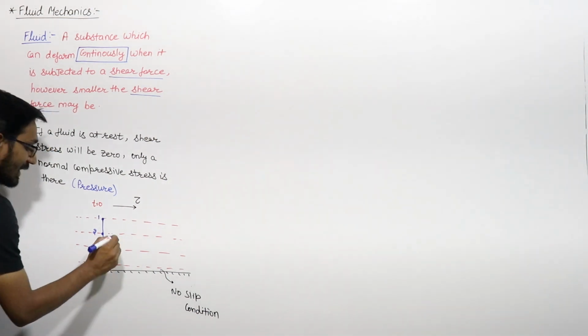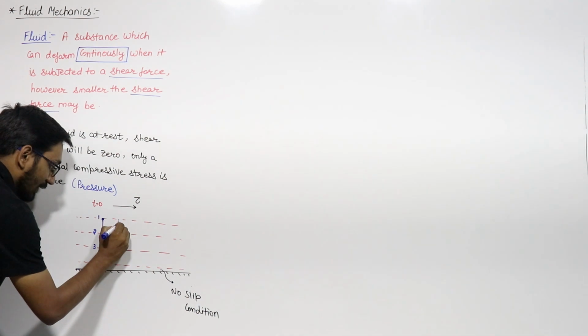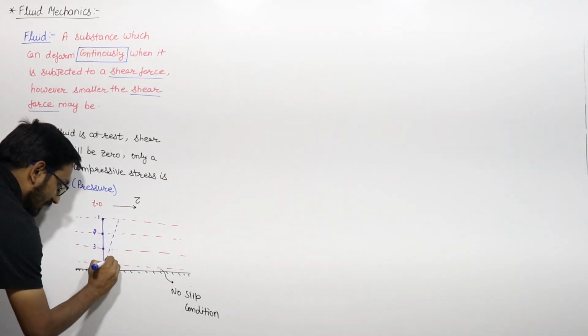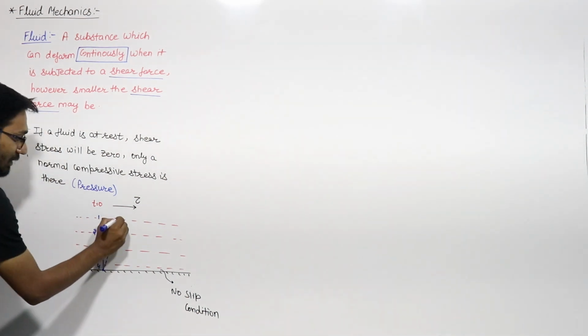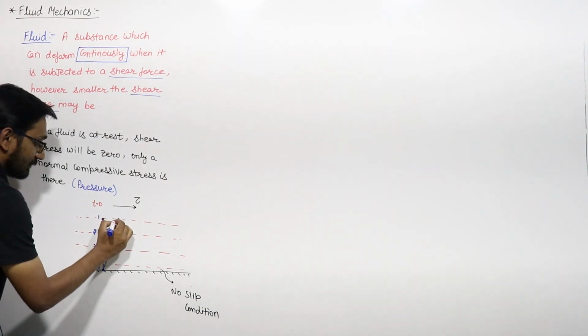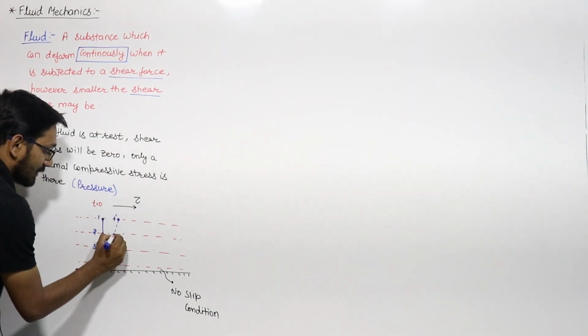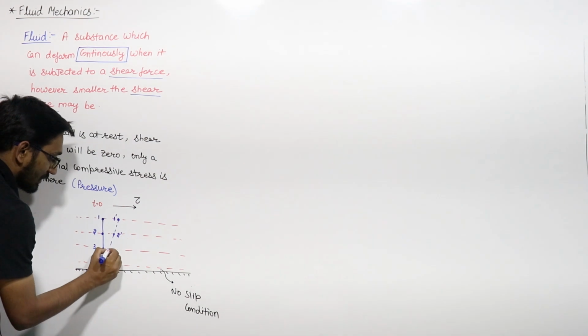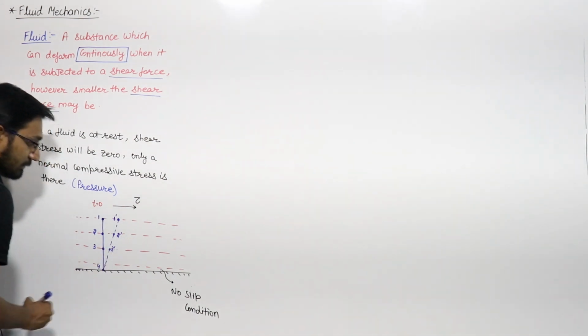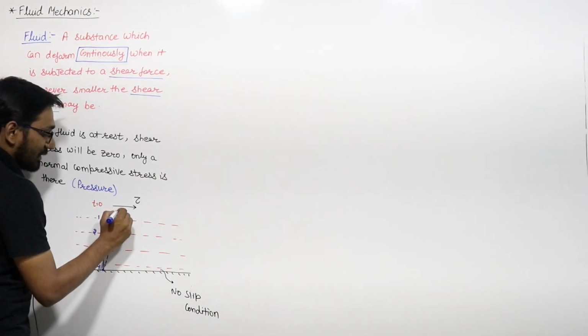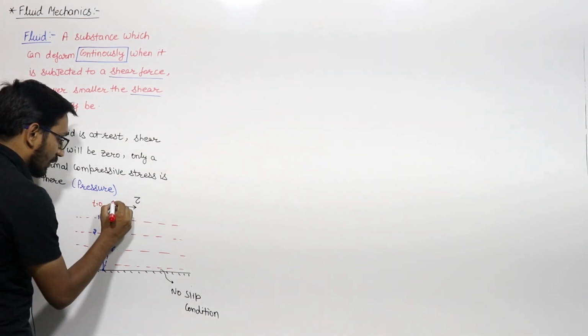If time is 1 second, the fluid will flow and these particles will be like this. Let us say this is 1 dash, this is 2 dash, this is 3 dash, and so on. This is the condition when time is equal to 1 second.